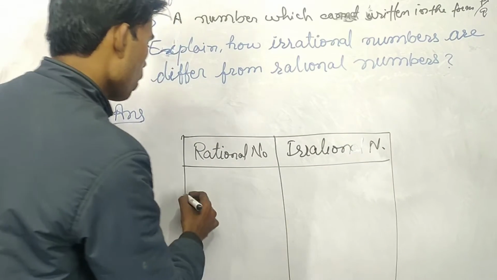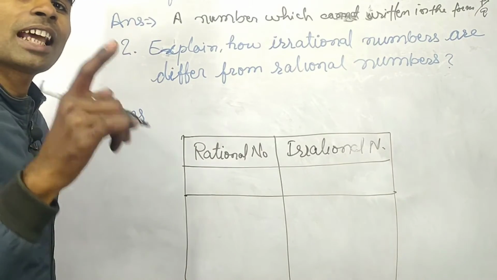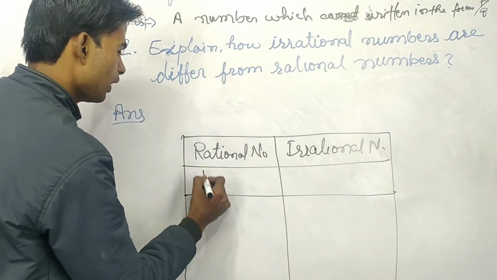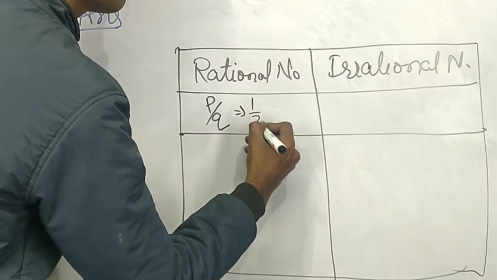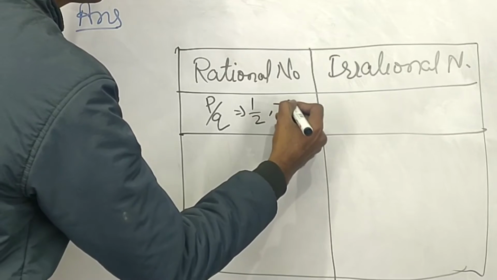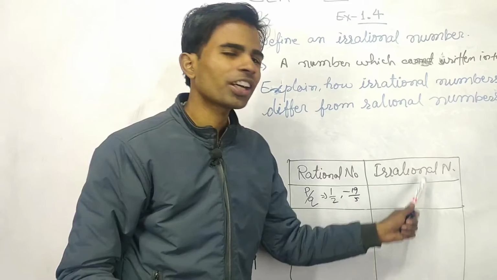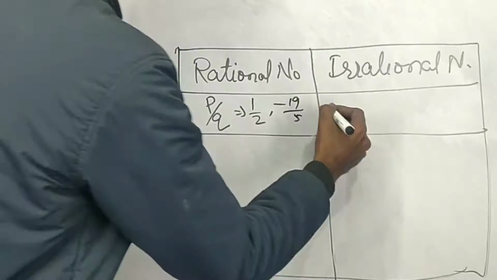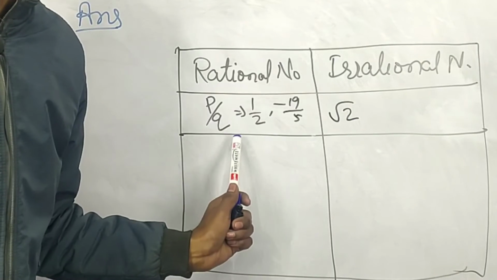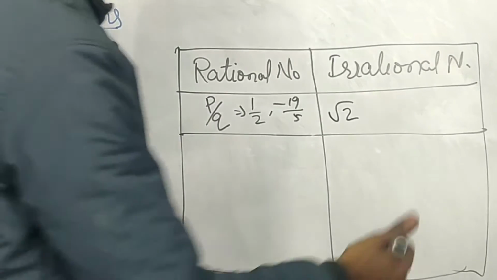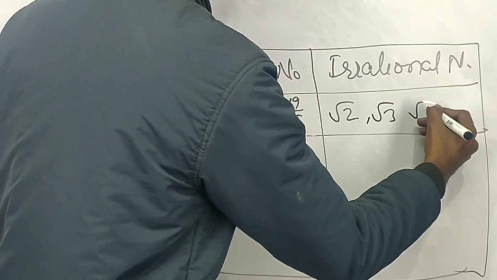A rational number is a number which can be written in the form of p by q, for example 1 upon 2 or minus 19 upon 5. What about an irrational number such as root 2? We cannot write root 2 in the form of p by q. Again, root 3, root 5.